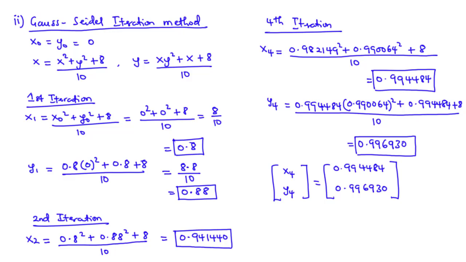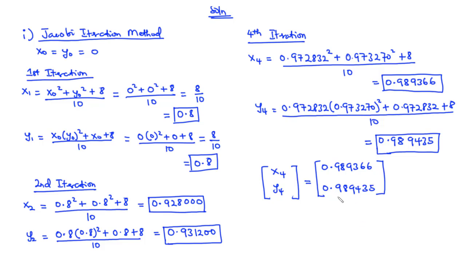Now looking at these two sets of values, that is the roots obtained for Gauss-Seidel iteration, which is this set of values, and then those obtained for Jacobi iteration, that is this set of values. You realize that they are very close to a particular root, and that root is x, y equals 1, 1, and this happens to be the actual root of the given system of nonlinear equations.